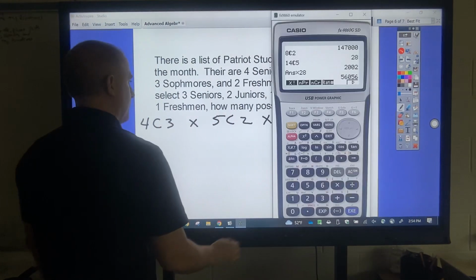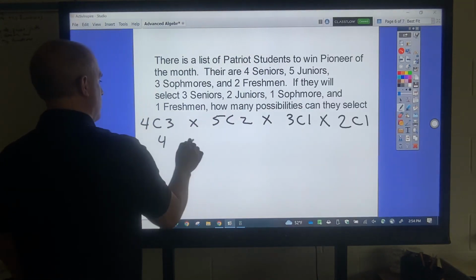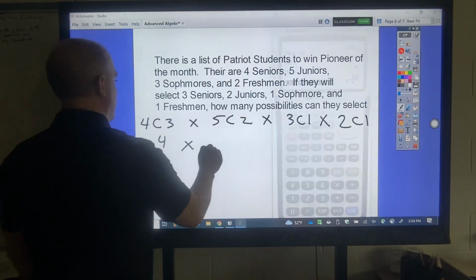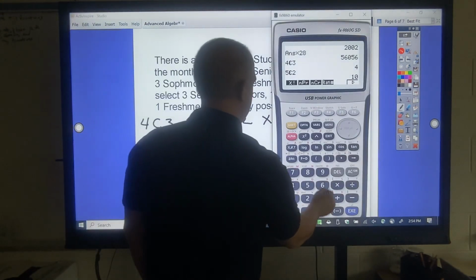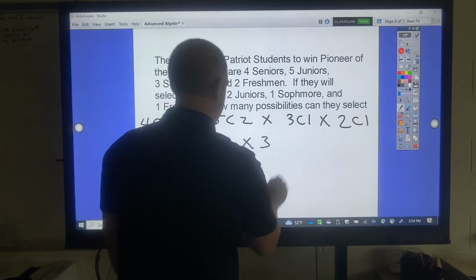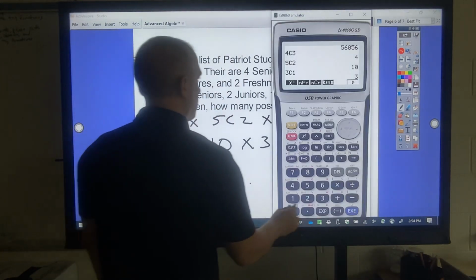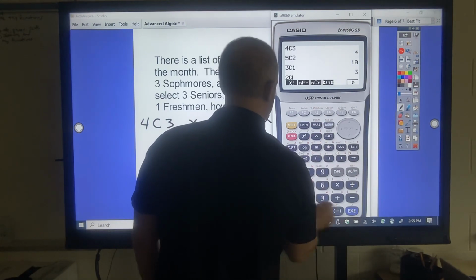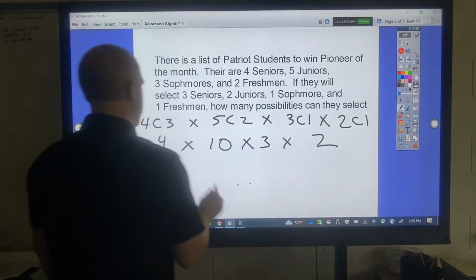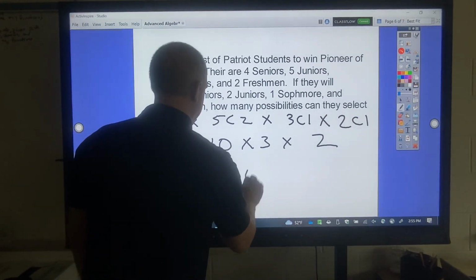Let's figure out what all these are. 4 choose 3 is 4. 5 choose 2 is 10. 3 choose 1 is 3. And 2 choose 1 is 2. If I multiply all those numbers, that's 240 possibilities.